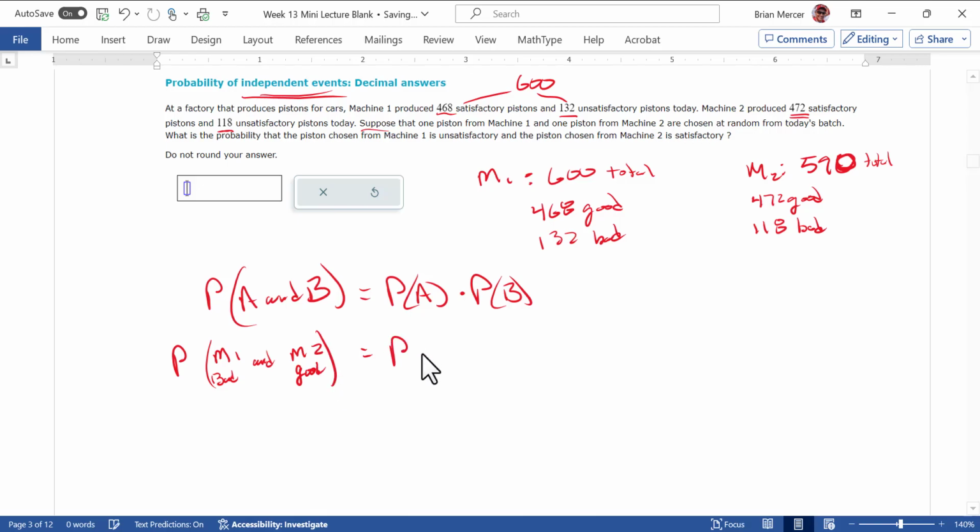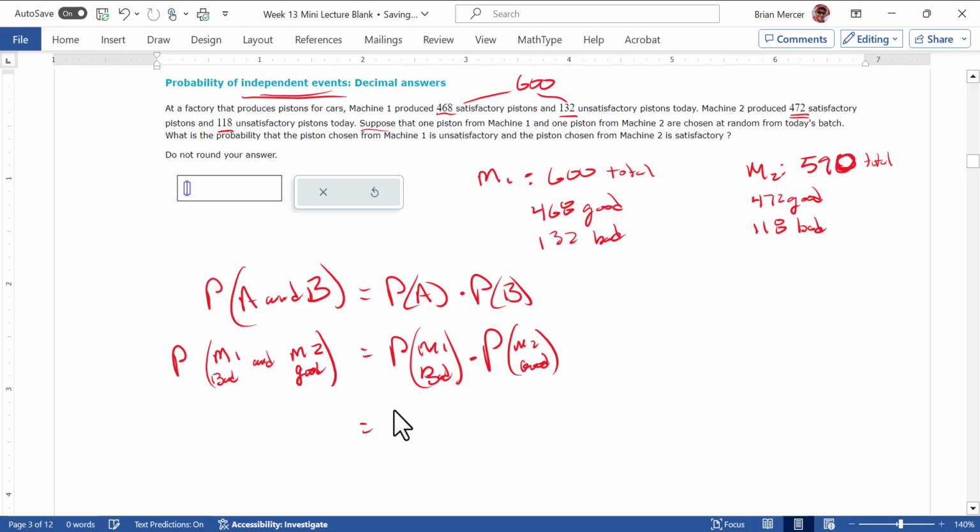So then that's the probability that M1 is bad times the probability that M2 is good, because M2 was satisfactory. So then what are those probabilities?